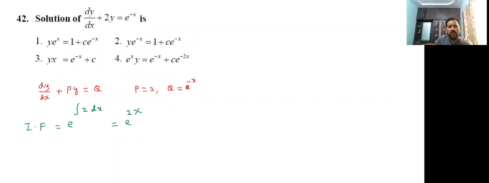Now how to write the solution of a linear differential equation? Solution is, what is that? y into integrating factor is equal to integration Q into integrating factor dx plus c.